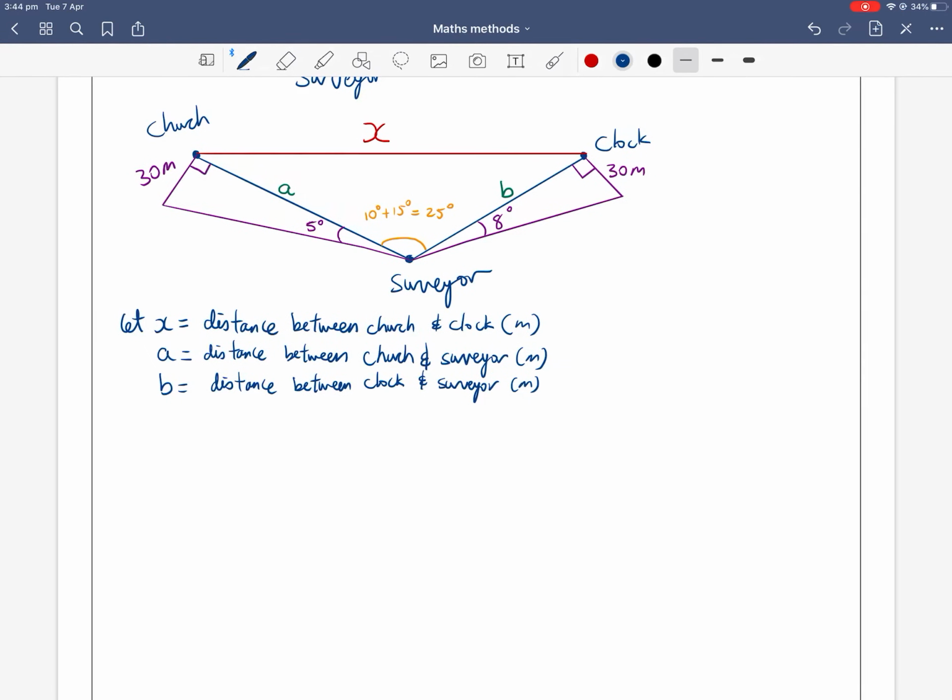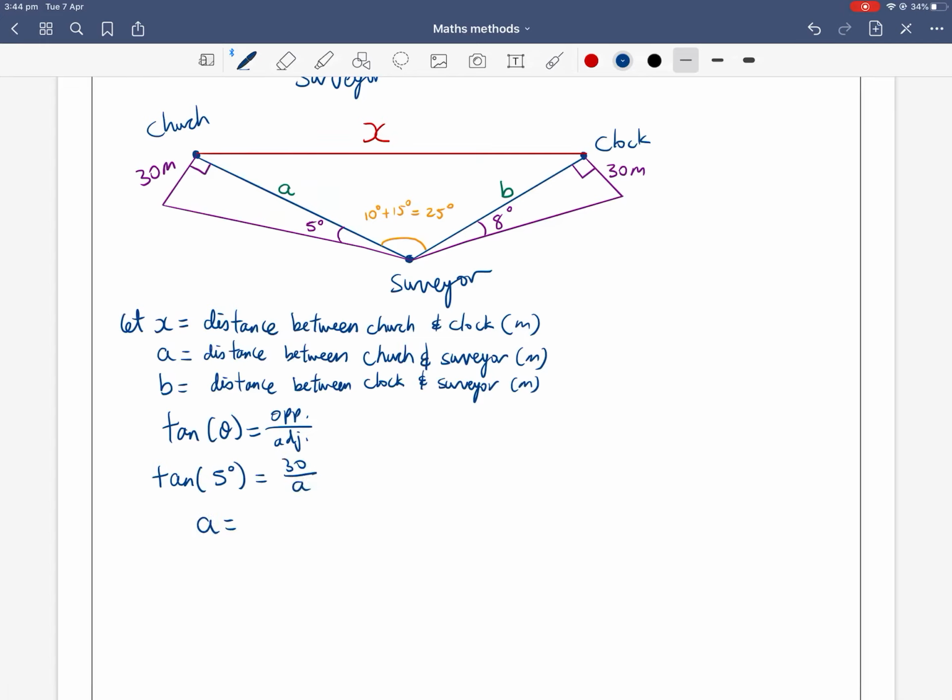As we mentioned before, for the purple triangles, to work out A and B, we can apply SOHCAHTOA because they're right angled triangles. In fact, we have opposite and adjacent sides, so we can use tan. So tan of theta is opposite over adjacent. Let's work out the church triangle first.